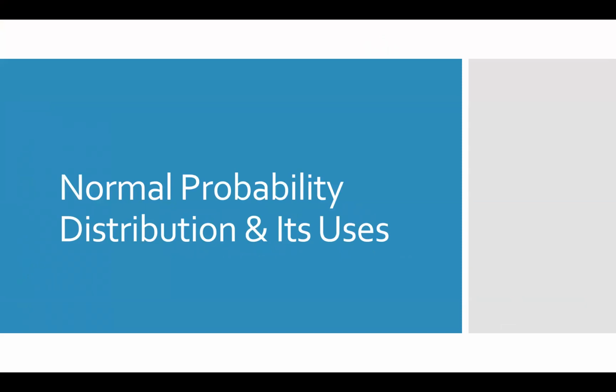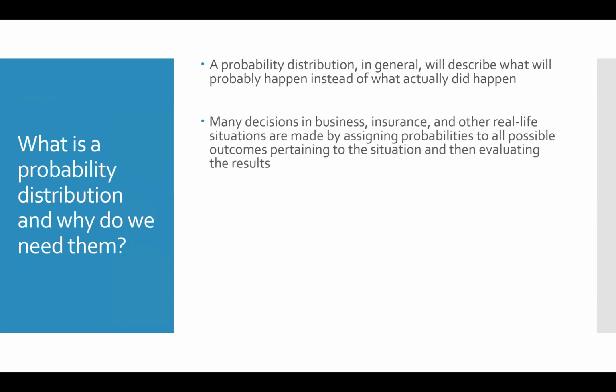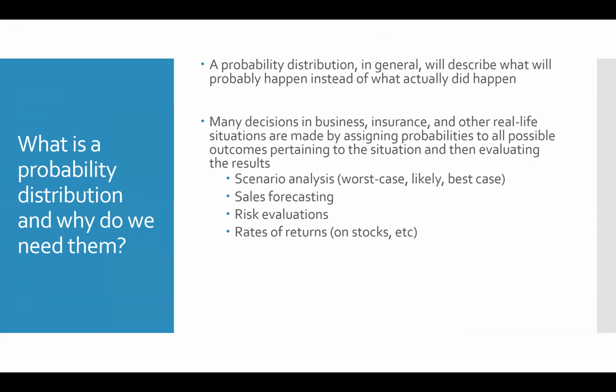So let's talk about the normal probability distribution and its uses. We talked earlier about what a probability distribution is and how it helps us describe what theoretically should happen as opposed to what actually happened when we collected the data. We also talked about how a lot of decisions are made in business, insurance, and other real life situations by assigning a probability to all the possible outcomes.